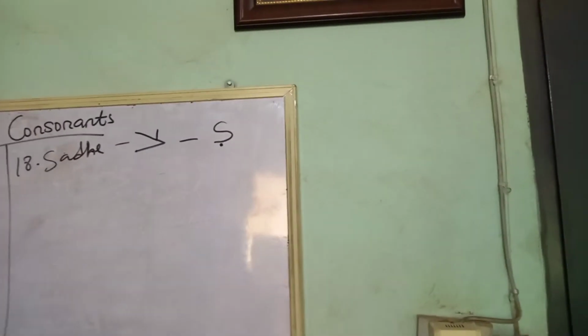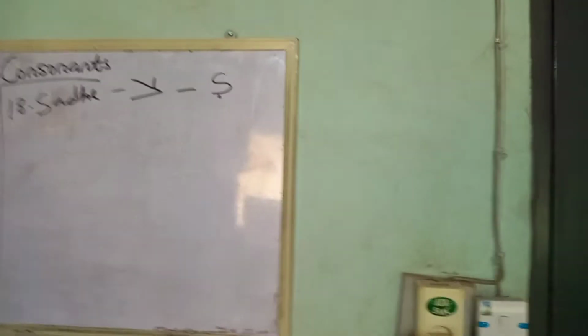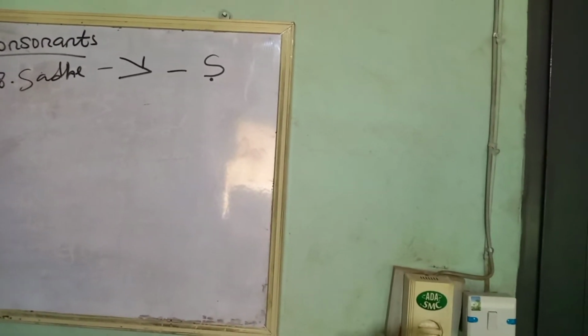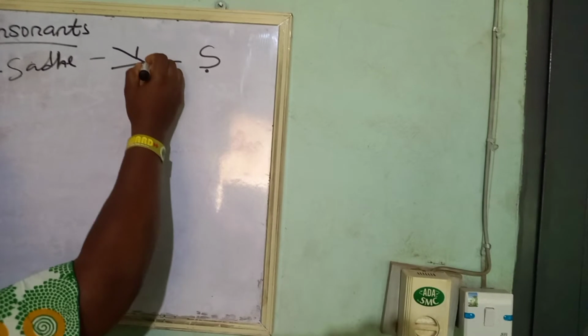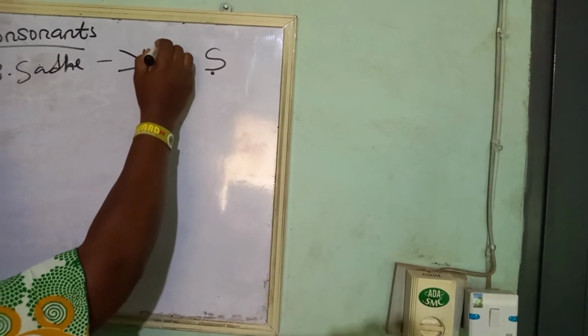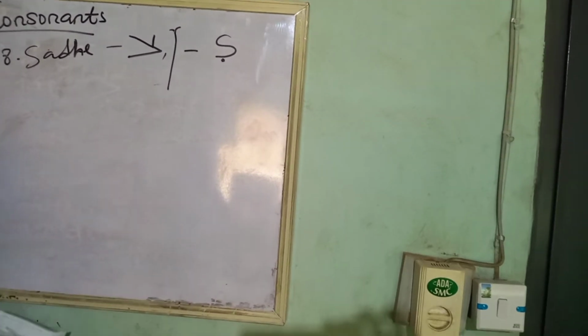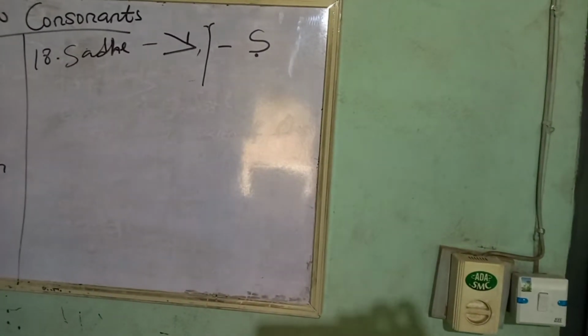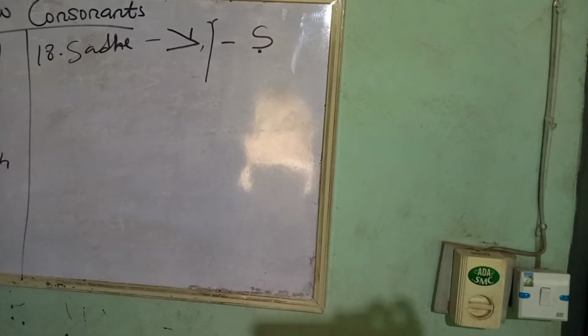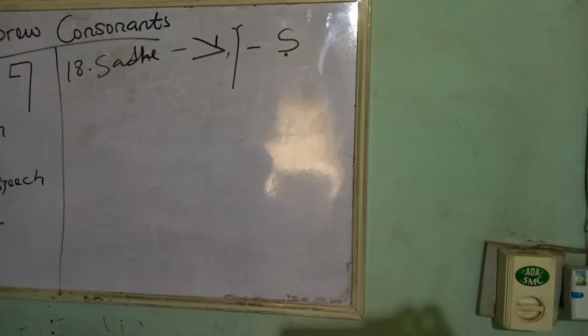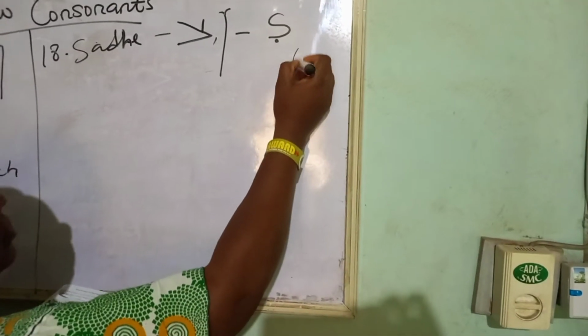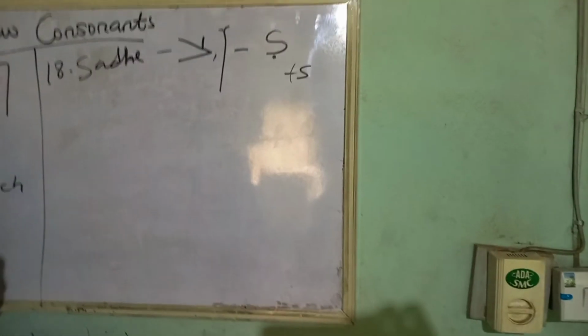And it also has a final form when it's ending a word. It's written this way. But the transliteration is still the same. Sade, pronounced as if it is tears.